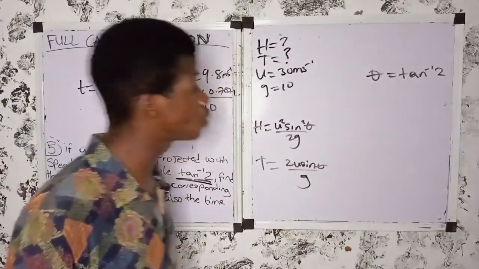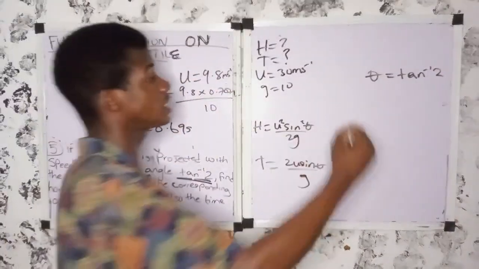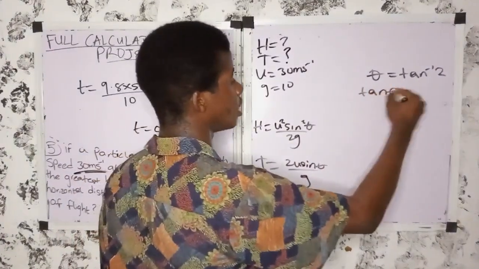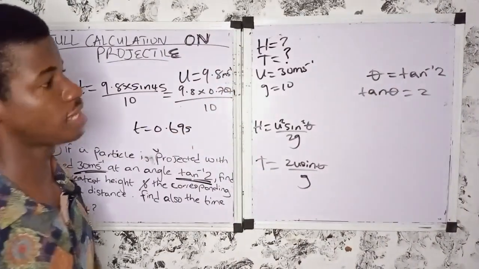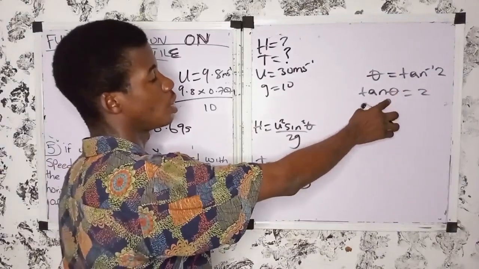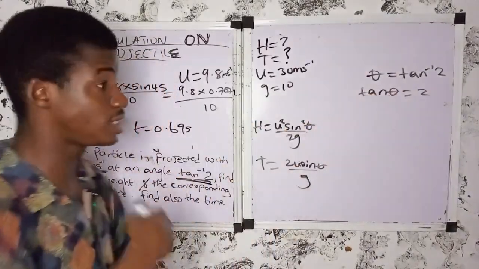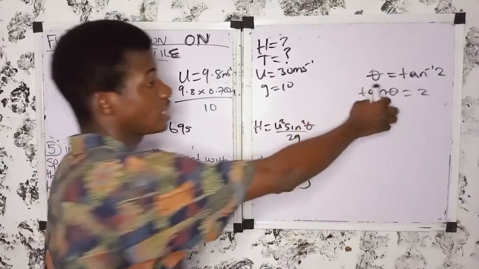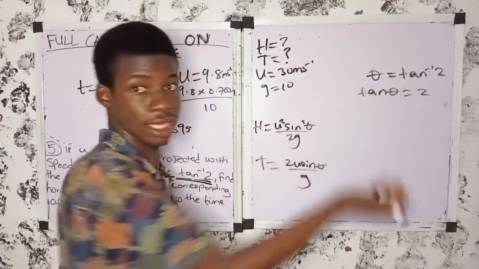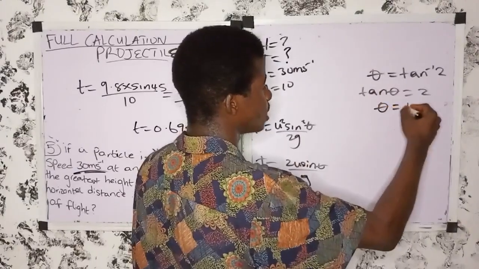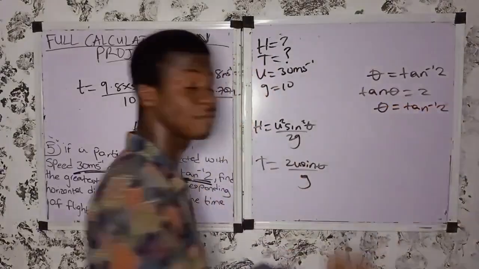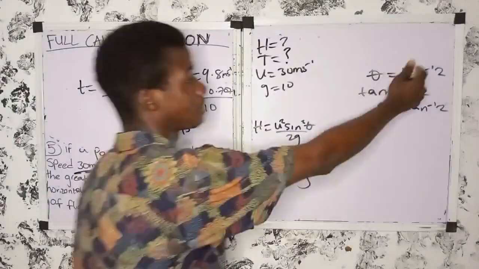Now, inverse tan 2 is the same as tan theta equals 2, right? Because if you want to make the angle theta stand alone, you will take the inverse of tan. So when you take the inverse of tan, you get something like this, shift tan 2. So you get this one back.